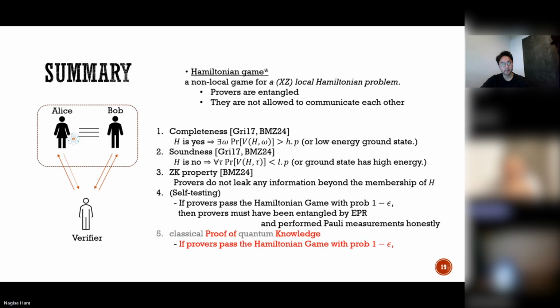Can I ask a dumb question? Yeah. So for property 3, when you say zero knowledge, does it make sense to consider malicious quantum verifiers? Maybe it doesn't make sense. Does it apply to classical communication, but locally the verifier could do something quantum?